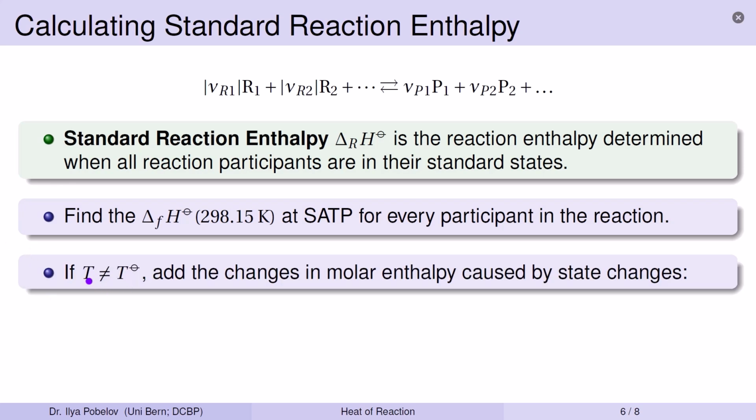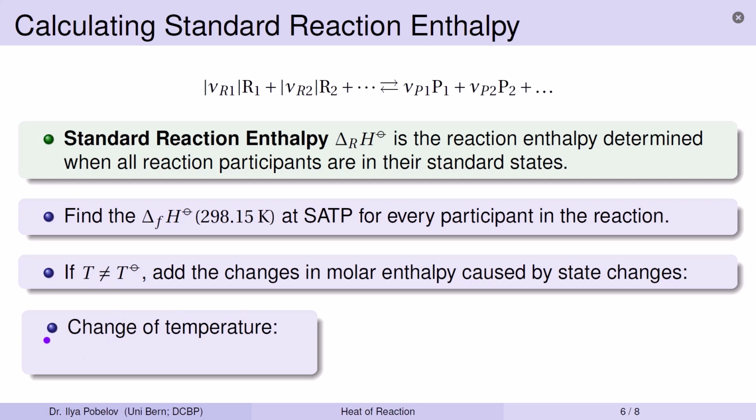However, if the temperature of interest isn't the standard temperature, then we have to account for the changes in molar enthalpy caused by state changes. First, there is a change in temperature itself.